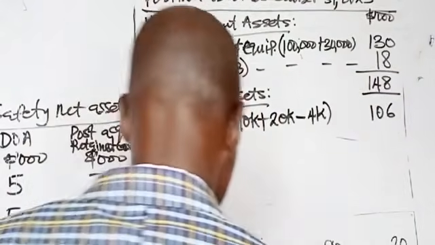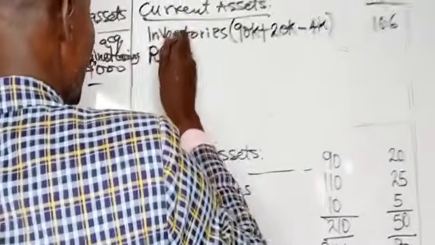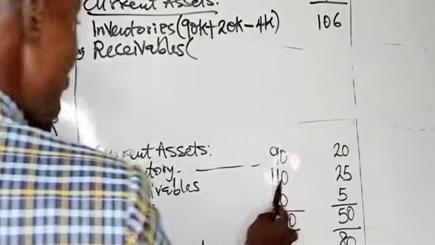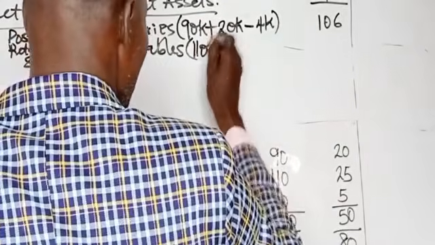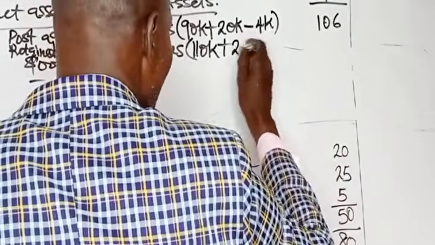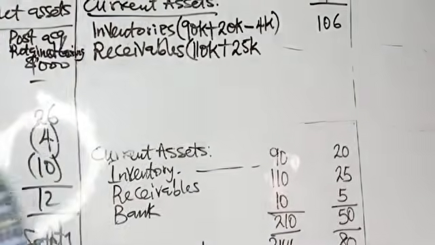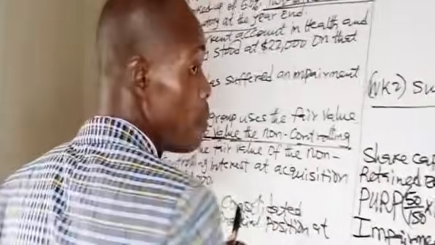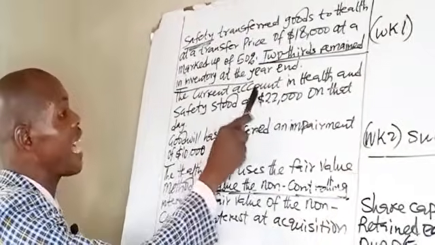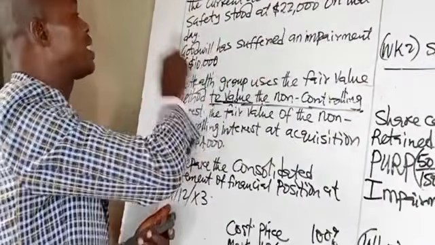After inventory, we have receivables. For parent, we have 110,000. Subsidiary receivables, we have 25,000. Then remember, we have intergroup receivables. Back to the note: we have the current account in Health and Safety stood at 22,000 on that day.